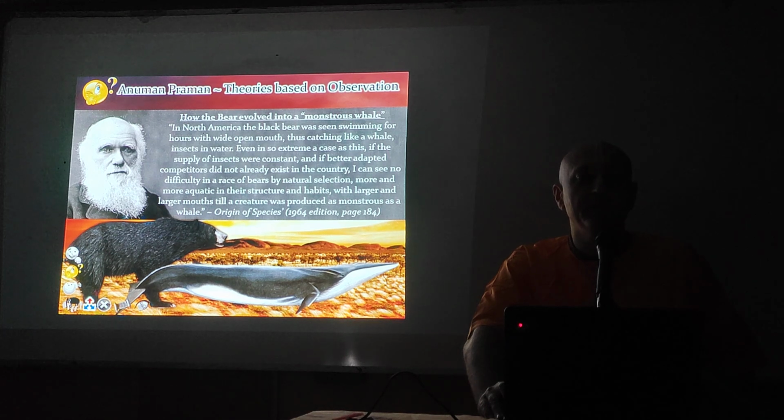And if better adapted competitors did not already exist in the country, again another if, maybe. I can see no difficulty in a race of bears being rendered by natural selection more and more aquatic in their structure and habits, with larger and larger mouths, till a creature was produced as monstrous as a whale.